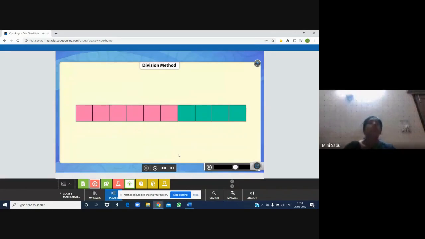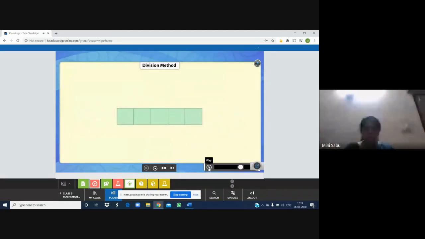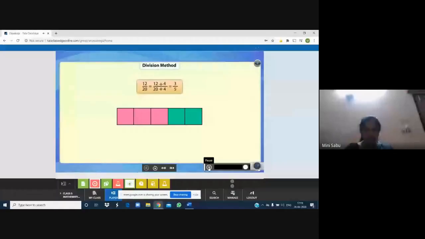So, 12 upon 20 and 6 upon 10 are equivalent fractions. We can also divide its numerator and denominator by 4 to get another equivalent fraction, 3 upon 5.